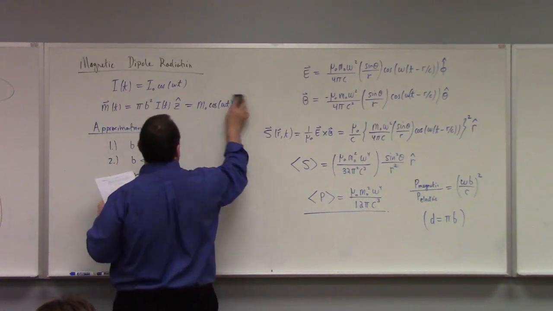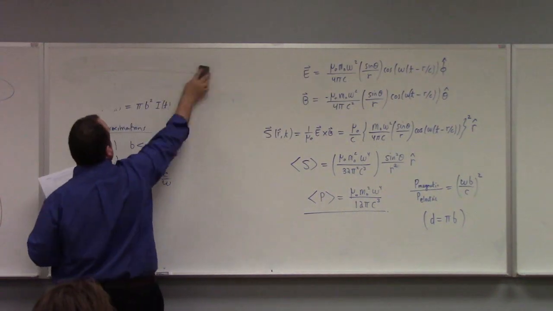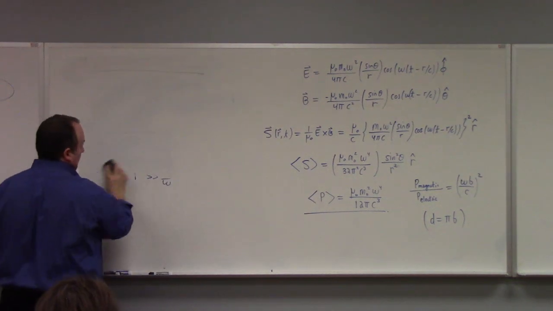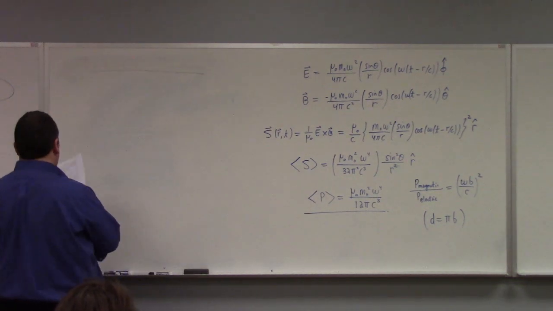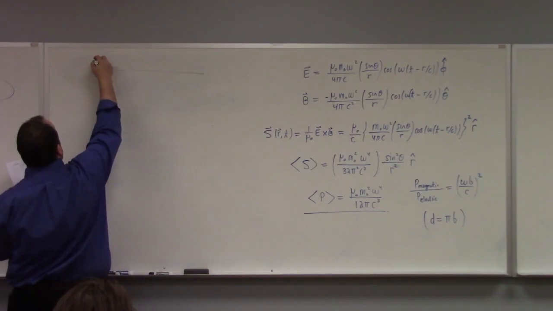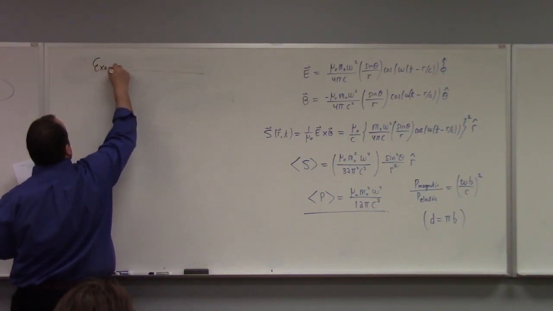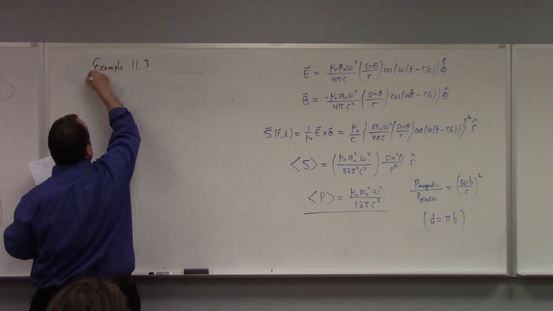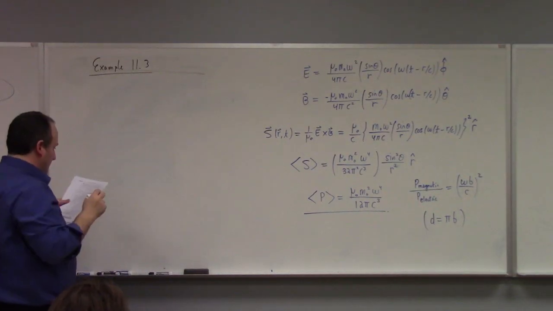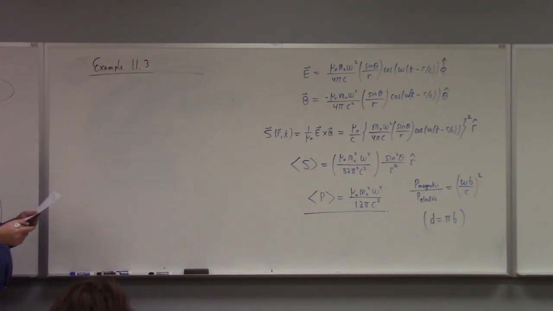Example 11.3: suppose that the velocity and the acceleration are instantaneously collinear.